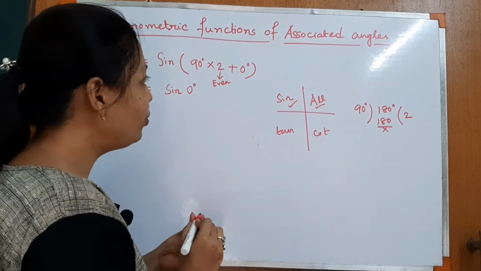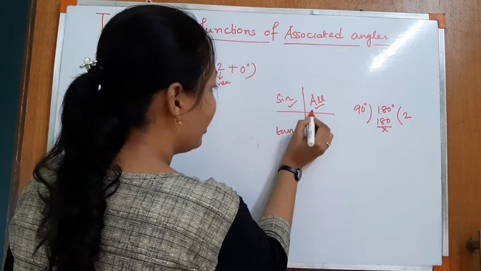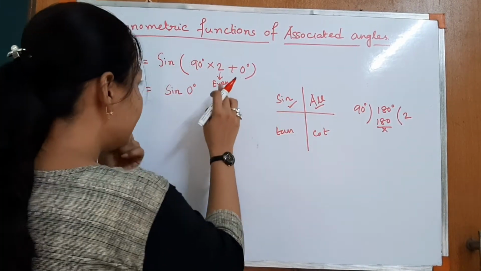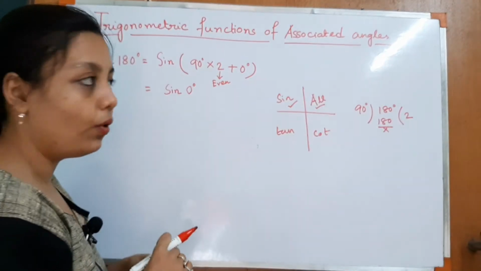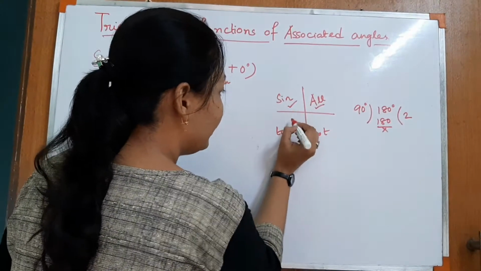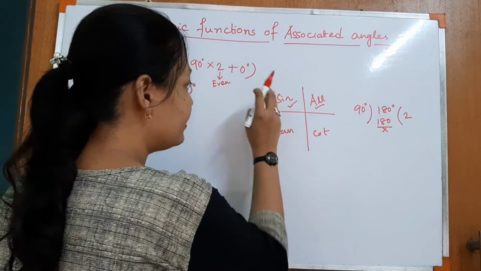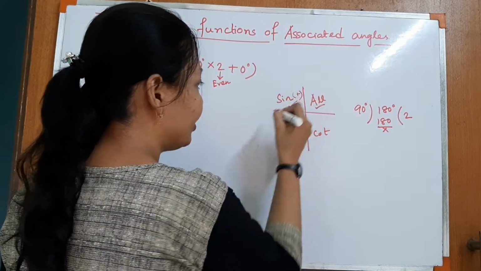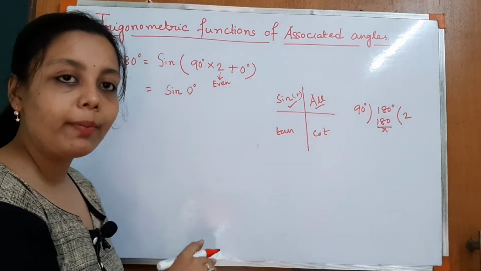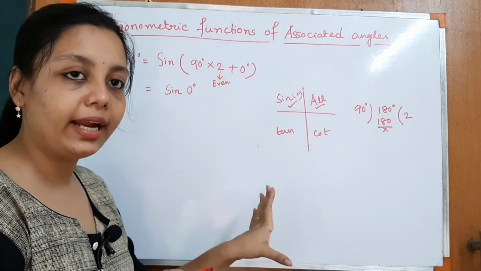So if we count 2, then we reach the second quadrant. Since 0 degree is added with 180 degree, we do not reach the third quadrant, we stay in this second quadrant, and in the second quadrant sine and cosec are positive, otherwise all the trigonometric functions are negative.